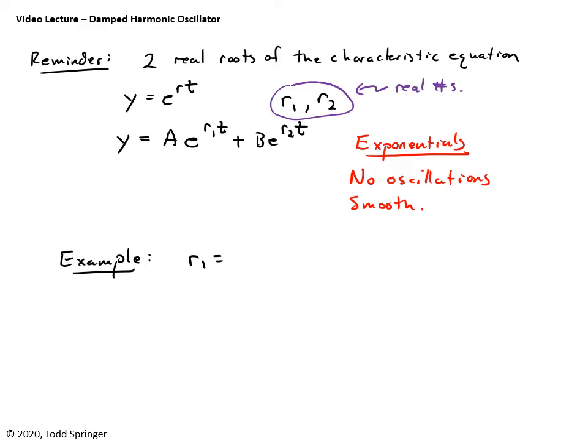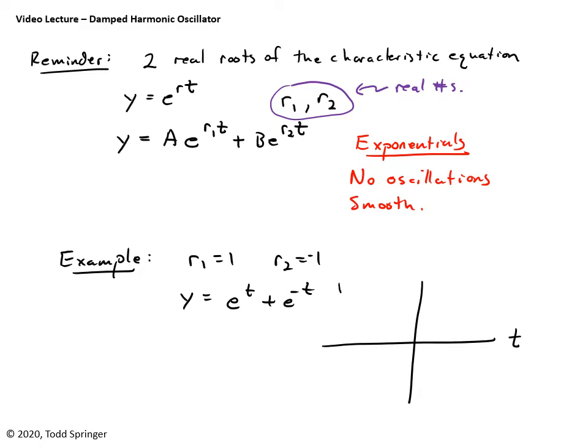If r1 is equal to 1 and r2 is equal to minus 1, you have a solution which is y equal to e to the t plus e to the minus t. If you graph that, it looks like this. It's a smooth function. There's no wiggles, there's no oscillations. So if the roots of the characteristic equation are real, there's no oscillation. That's an important observation.